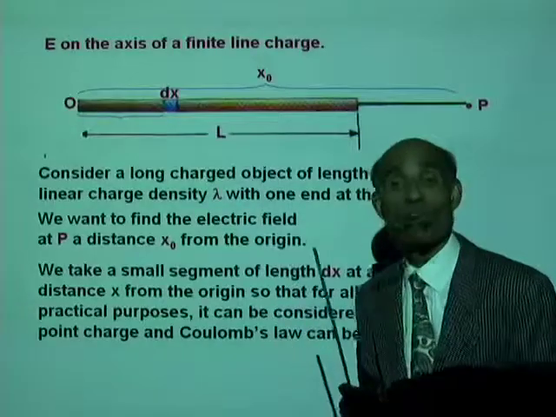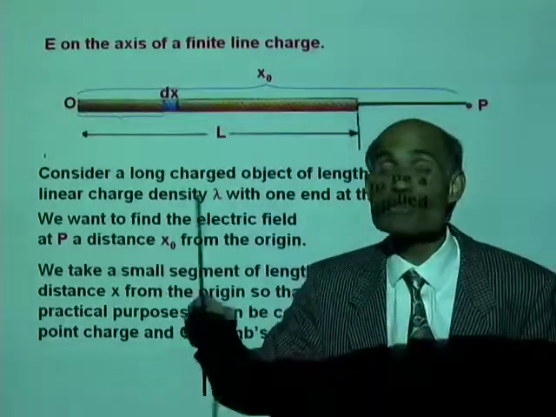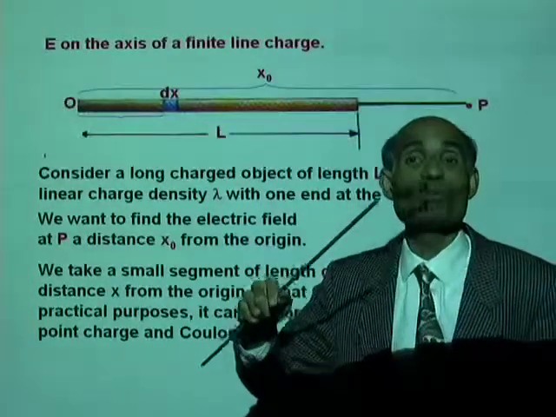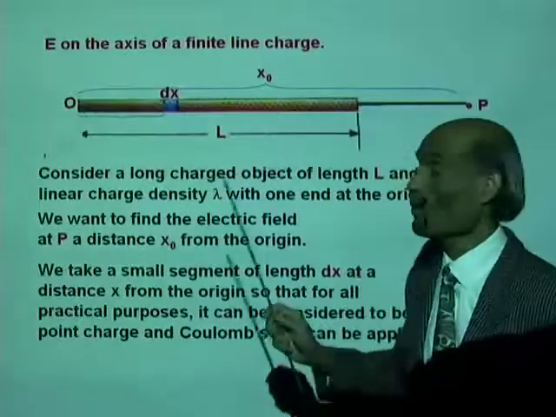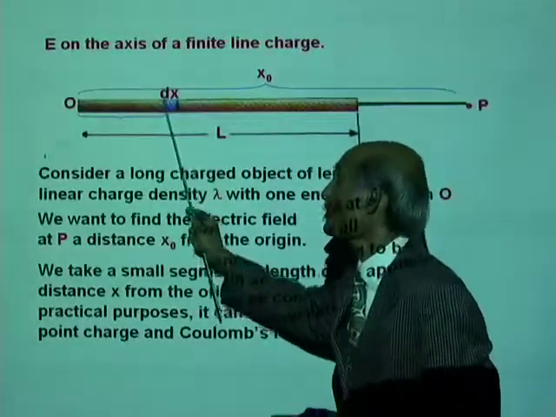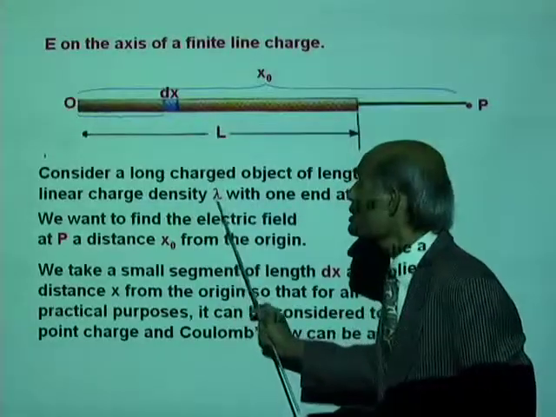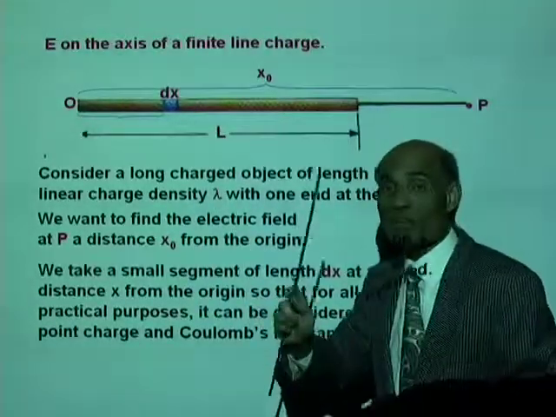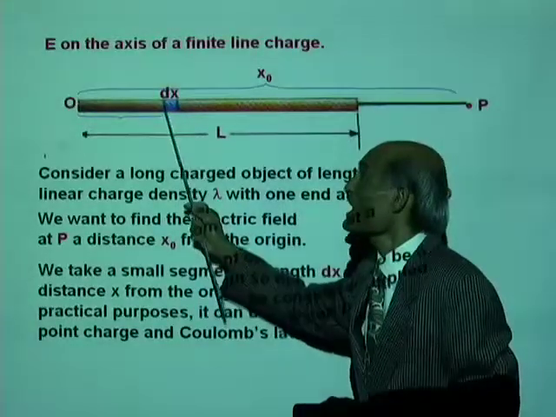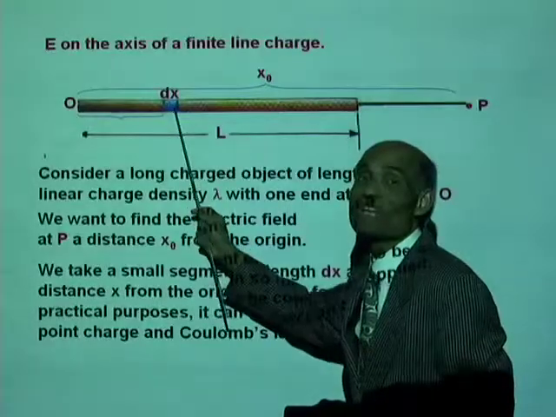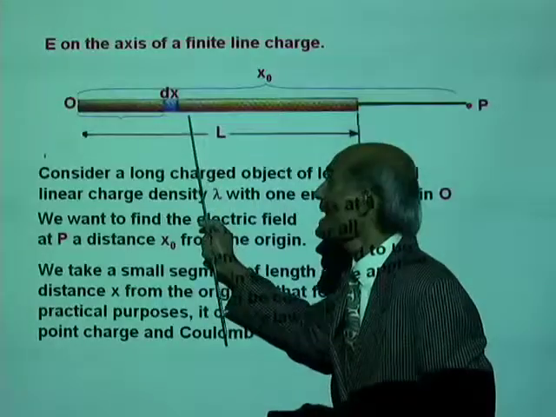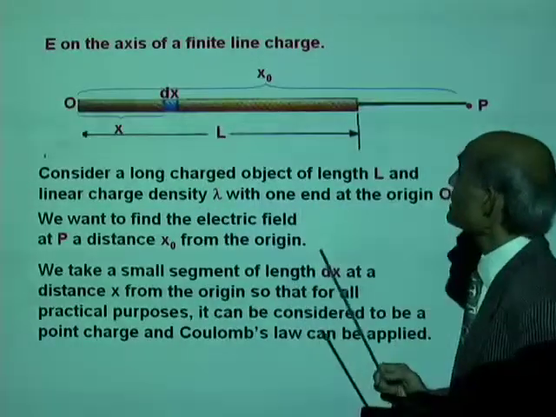What is the equation for electric field at a point due to a point charge? It is kq over r squared. Well, tell me, what is the charge on this small segment? The linear charge density is lambda, in other words, charge per unit length. Therefore, what is the charge carried by a length dx? It will be lambda dx.